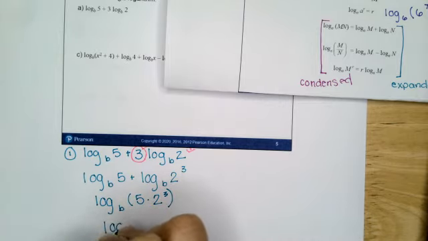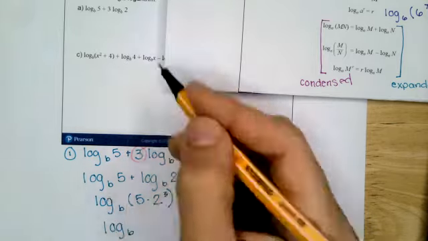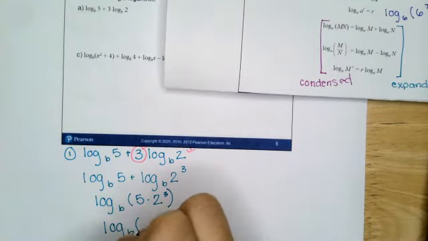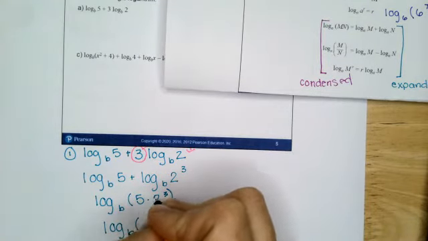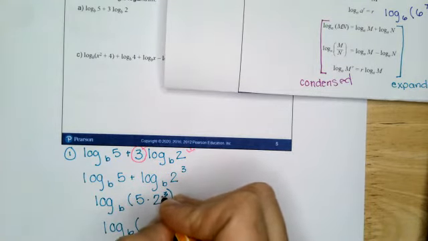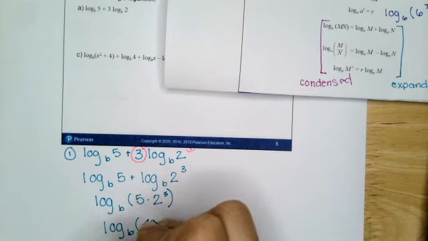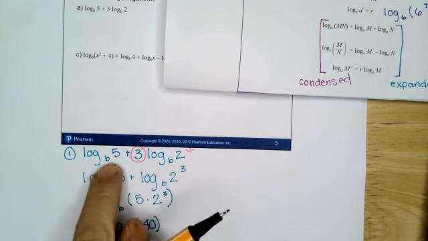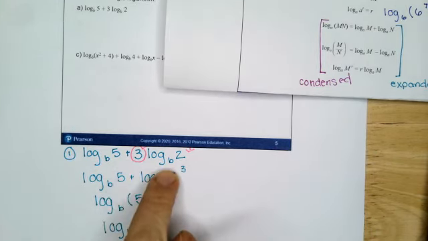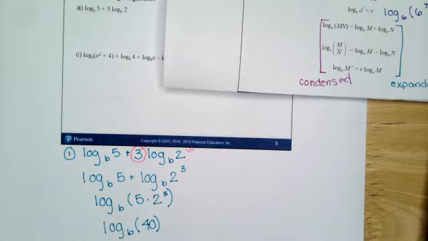So basically the simplest form, the single logarithm, is going to be log base b of the number 5 times 2 to the third. 2 to the third is 8. 8 times 5 is 40. So log base b of 5 plus 3 times log base b of 2 becomes log base b of 40.